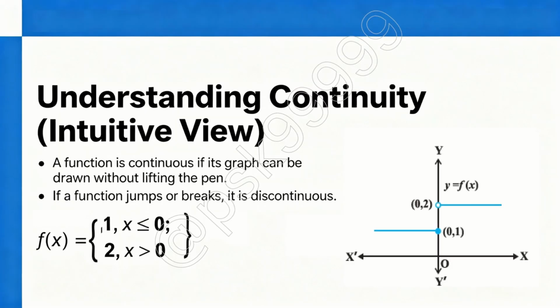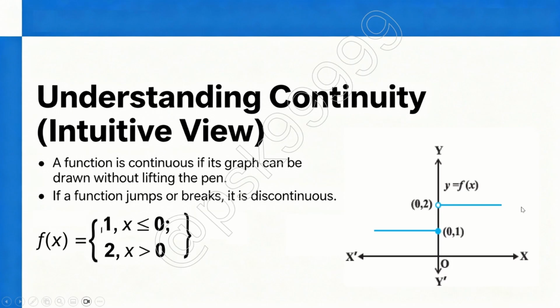So let's understand continuity. Continuity means, in very simple terms, if you can draw a curve or a graph without lifting the pen, then it is a continuous function. If you see the example graph given here, to draw this you have to draw one line here and then jump to this point and draw another line.